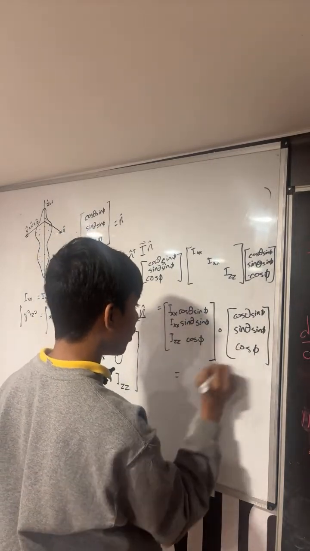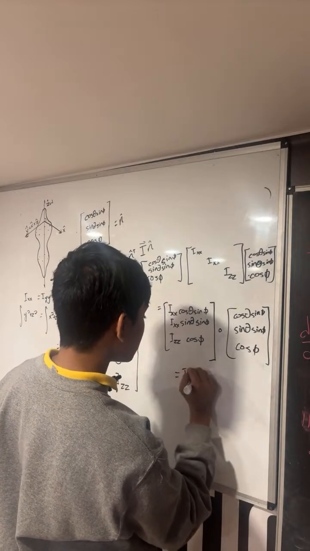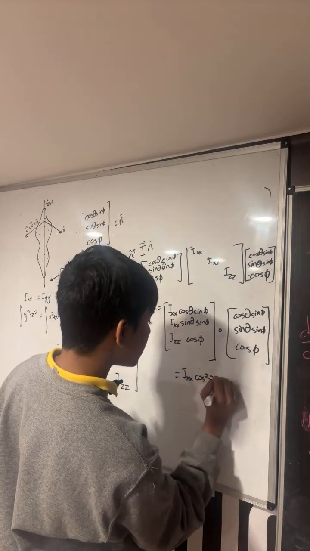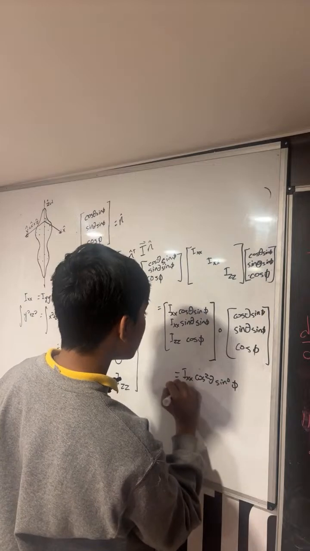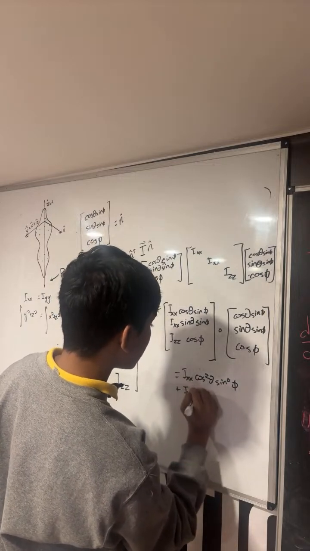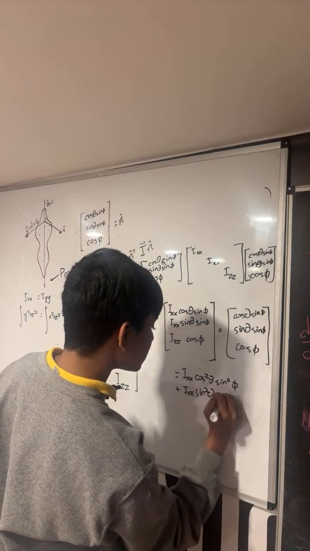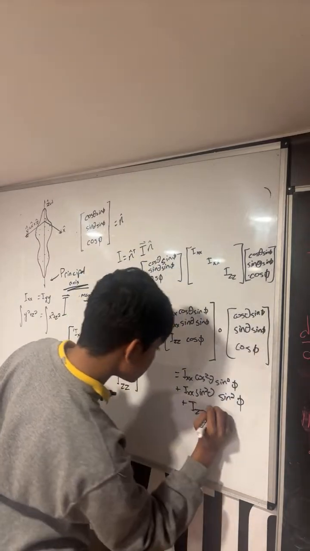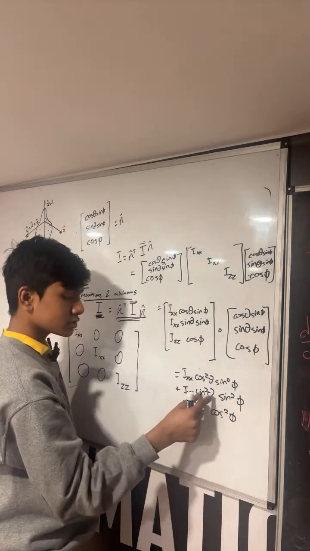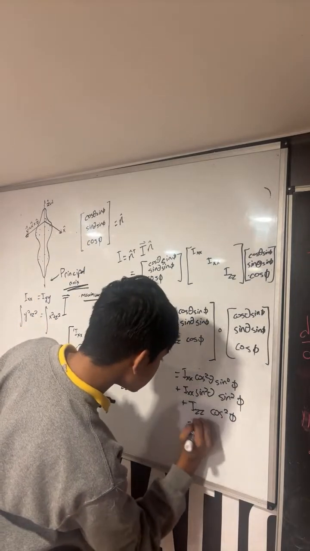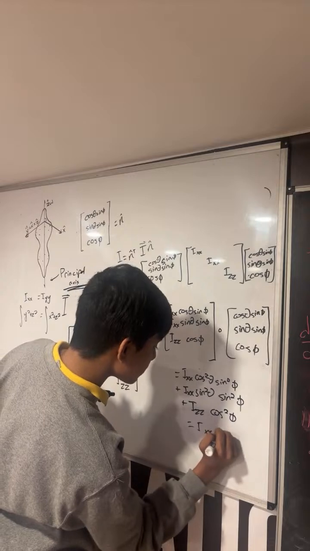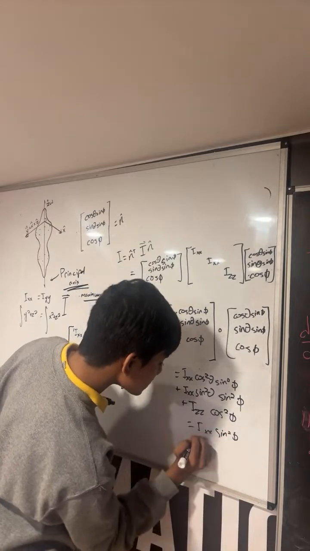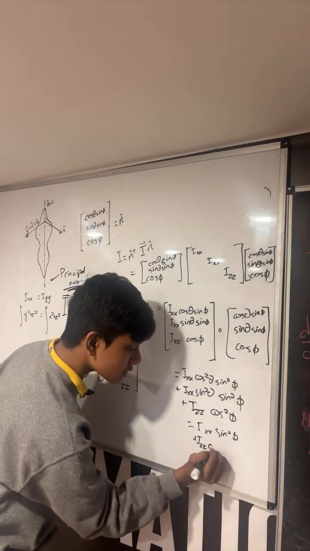This is all IXX cosine squared theta sine squared phi plus IXX sine squared theta sine squared phi plus IZZ cosine squared phi. Of course, cosine squared plus sine squared is 1, so that gives IXX sine squared phi plus IZZ cosine squared phi.